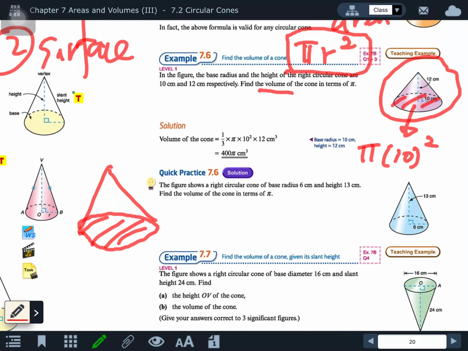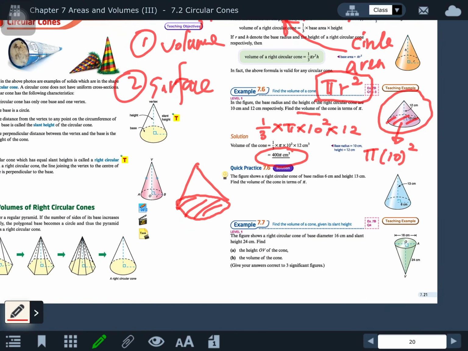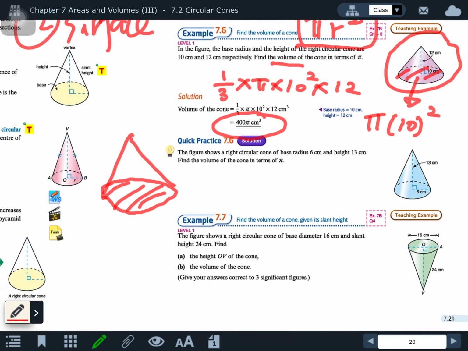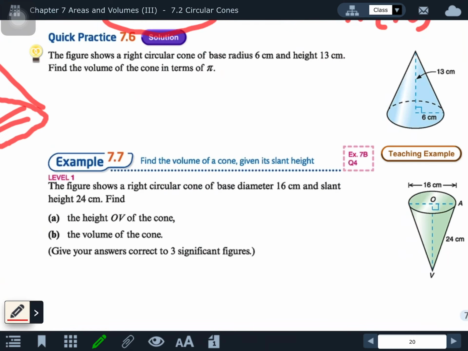So 1/3 times pi r square times the height 12, and you will get the answer of 400 pi cm cube. The volume of a cone is just like what we did before for the pyramid. You can try quick practice 7.6.